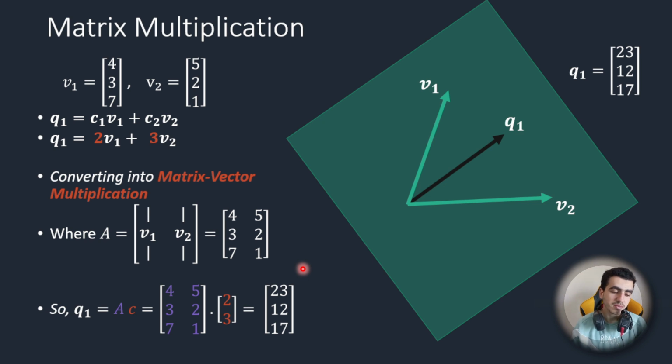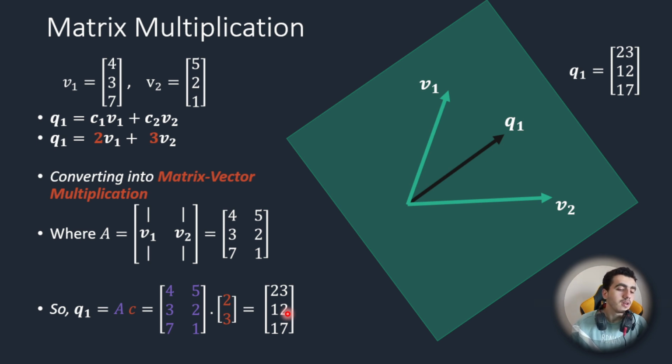But here, for example, we are all in the column space of this matrix A. If I take any combination from these columns, it will generate a new vector. This vector exists within the column space of this matrix.